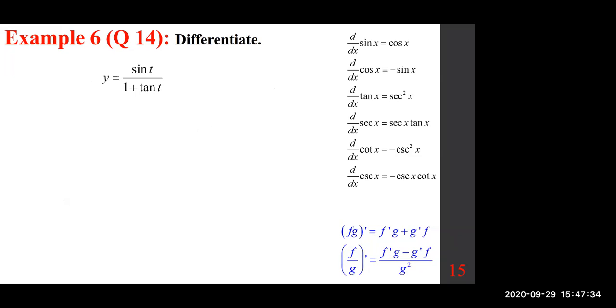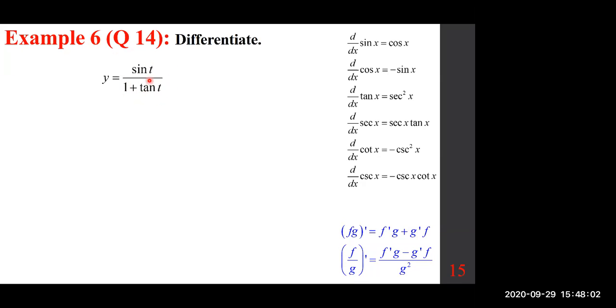Again, we are looking at the quotient rule. So f prime g minus g prime f over g squared. Let's take a look at it. We have sine t at top. Sine t, the derivative is cosine t times the bottom.